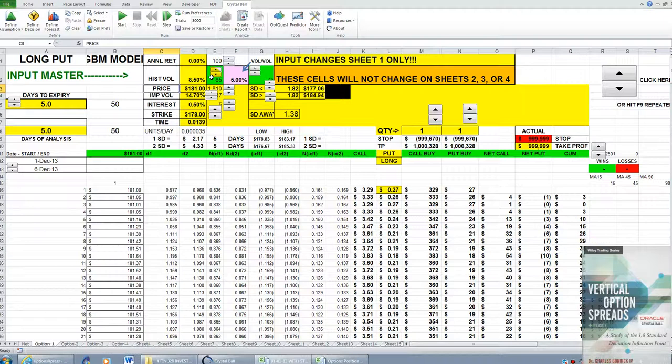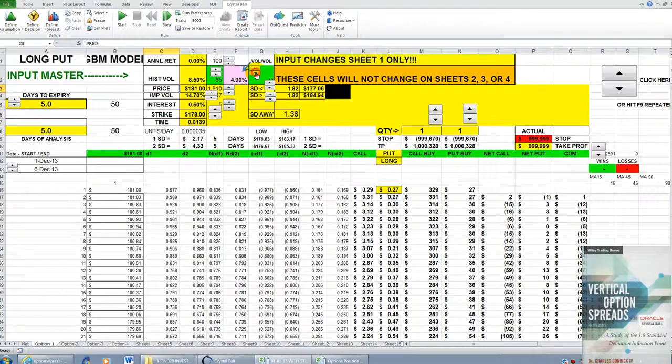And then we'll be looking at historical volatilities, but that'll be in more advanced sessions coming up later on. So I've set it right now at 8.5%. And the volatility, I'm just going to put in at 1/2 of that, or 50%, so it's about 4.2.